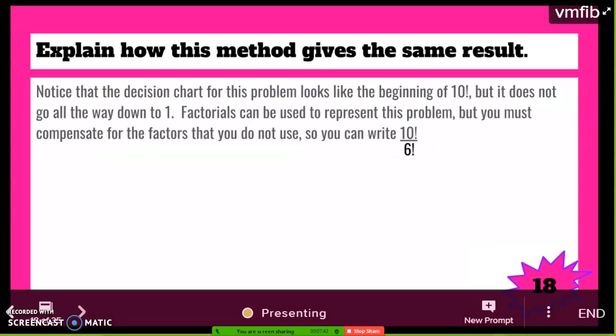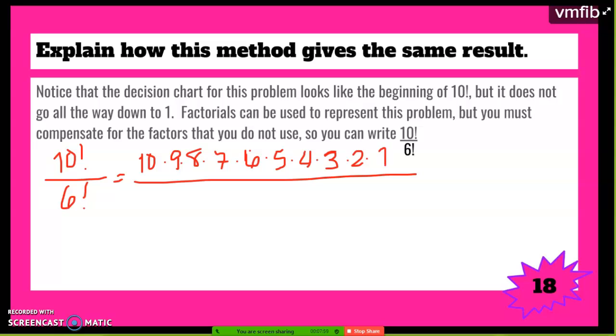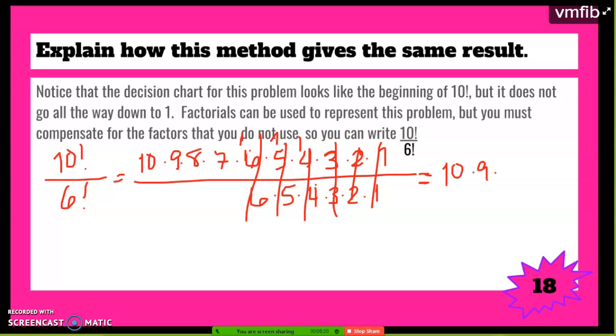Here's how it works with factorial. 10 factorial divided by 6 factorial is the same as 10 times 9 times 8 times 7 times 6 times 5 times 4 times 3 times 2 times 1 divided by 6 times 5 times 4 times 3 times 2 times 1. 6 divided by 6 cancels, makes 1. 5 divided by 5 is 1. 4 divided by 4 is 1, etc., which makes 10 factorial divided by 6 factorial equal to 10 times 9 times 8 times 7, which is equal to 5,040.